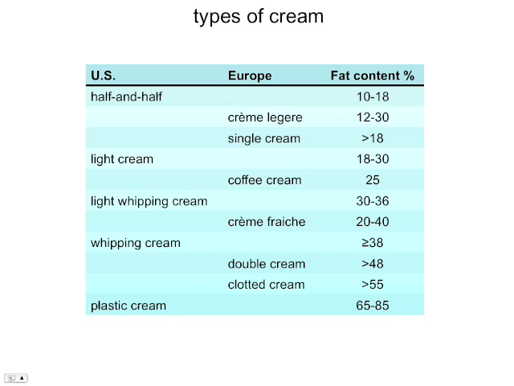Looking quickly at the types of cream that are available, I've given you a table here with the U.S. nomenclature versus European nomenclature, and we're just seeing the fat content increasing from half and half at 10 to 18% to plastic cream at 65 to 85%. Plastic cream is a very firm but still pourable and malleable cream, very high fat content.